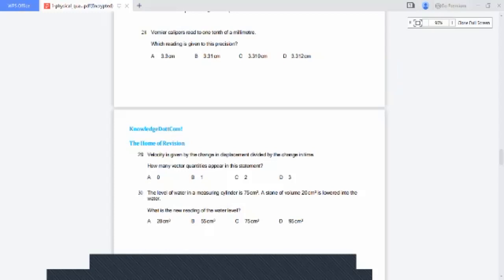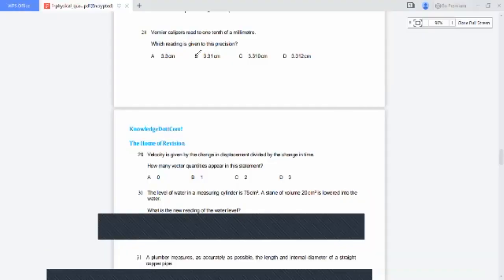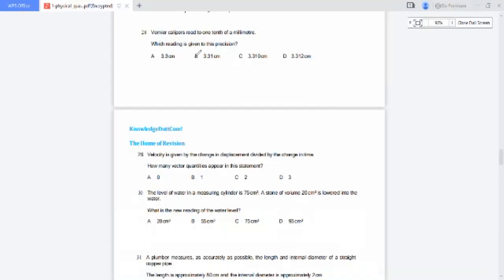A Vernier caliper reads to 1/10 of a millimeter. Which reading is given to the correct precision? So we know about the Vernier caliper. 1/10 of a mm is, for me it looks like B. So these options are incorrect. So number 29, velocity is given by change in displacement divided by change in time.